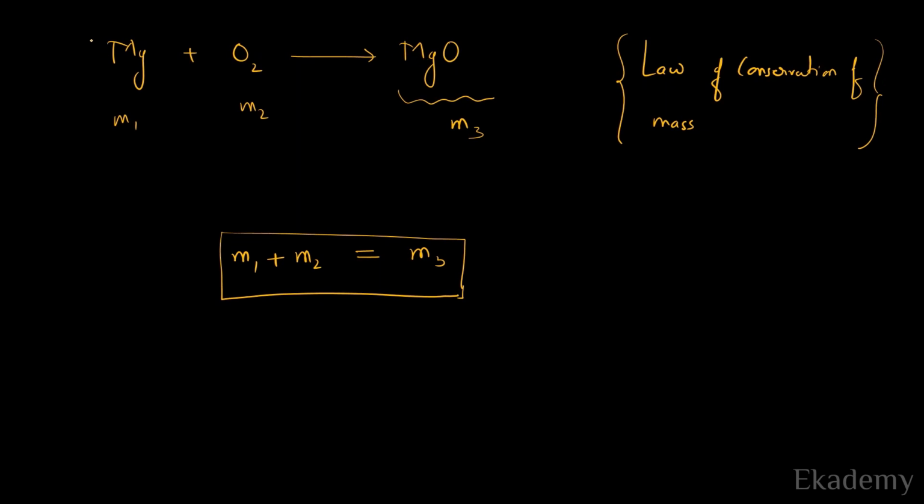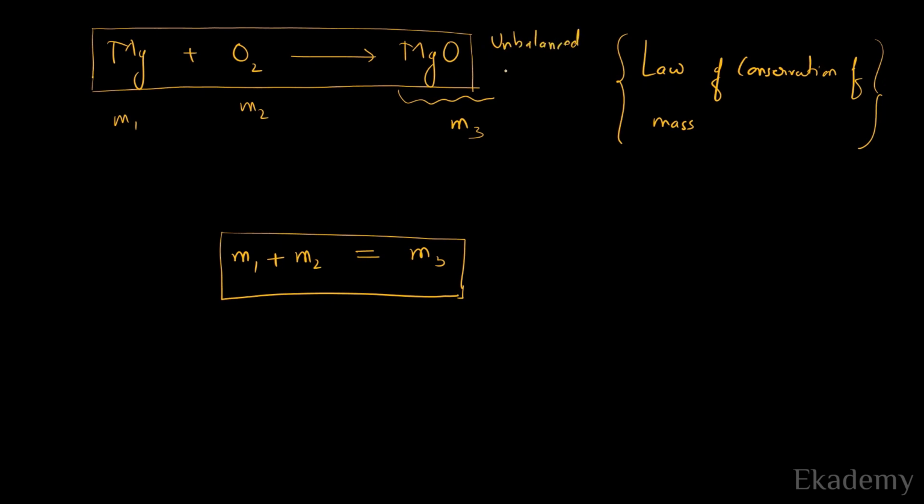So the chemical equation which is written in this form, where the total number of atoms on the left, or in the reactant, is not equal to the total number of atoms in the product, such a reaction or equation is called an unbalanced chemical equation.